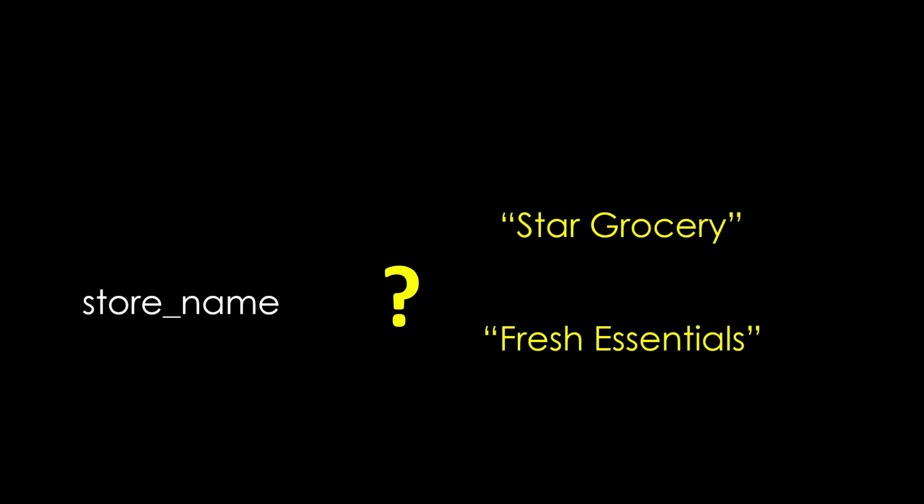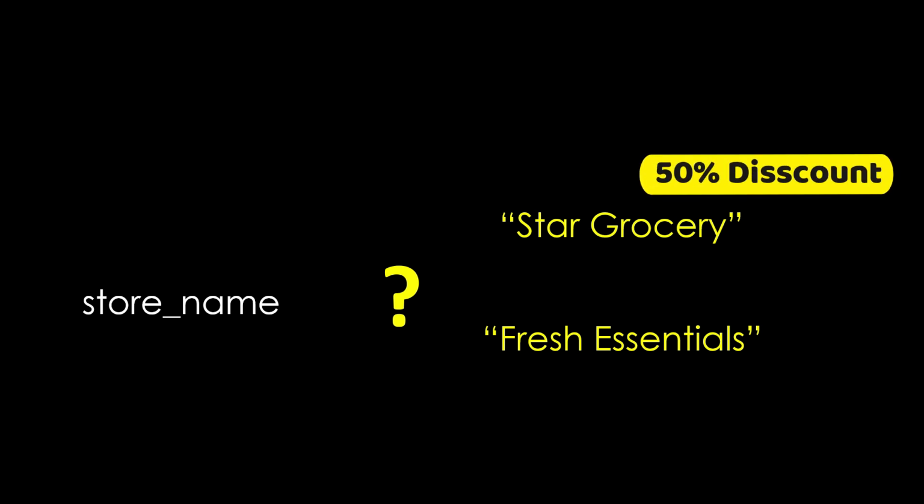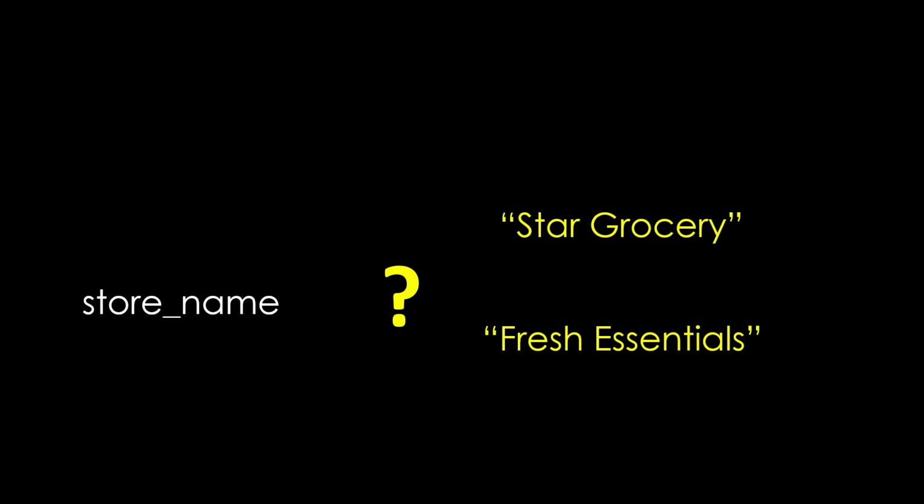Suppose one of the store's name is Star Grocery and the variable for store is store_name. Then, as you can see, your app code needs to verify if the store_name is Star Grocery. Then apply, say, 50% discount. Whereas, for other stores, say there is a name called Fresh Essentials, you would apply only 15% discount.